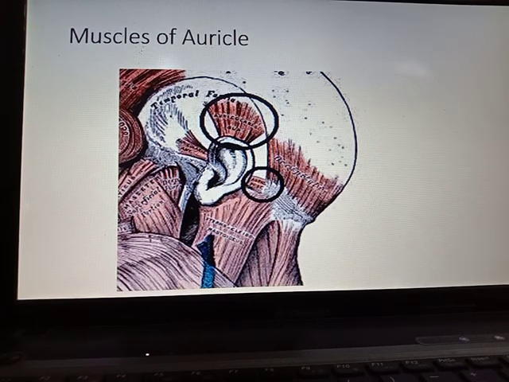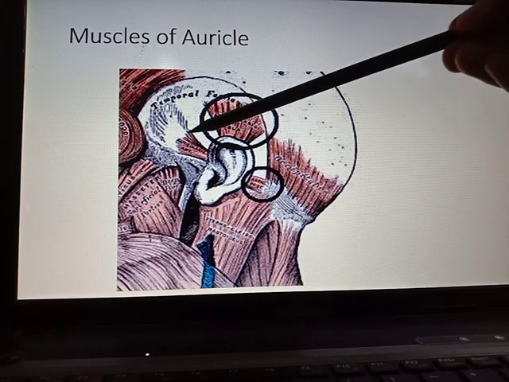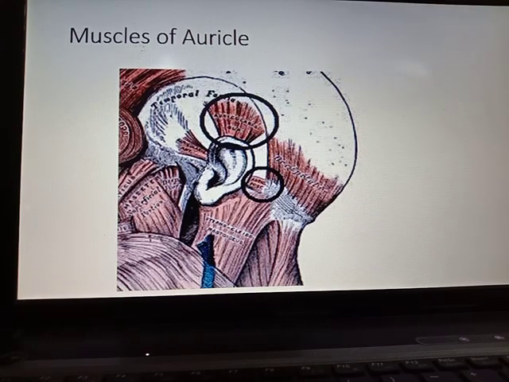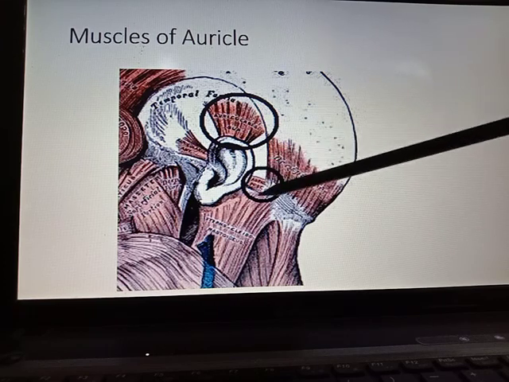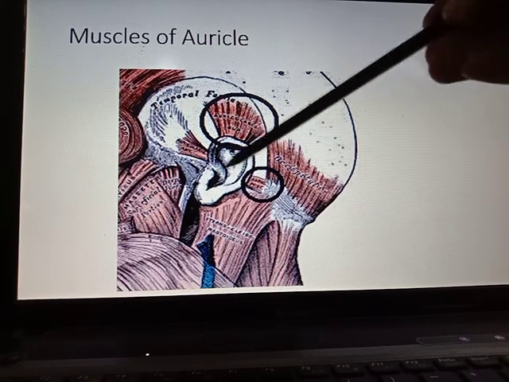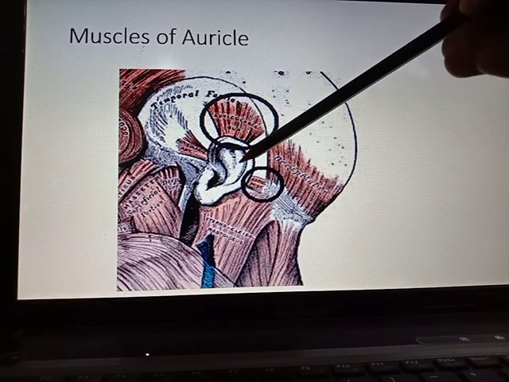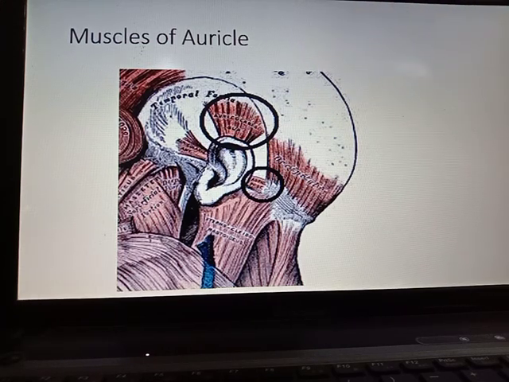Among these, the auricularis anterior and superior arise from the epicranial aponeurosis, but the auricularis posterior arises from the mastoid part of the bone. There are also some intrinsic muscles, which lie inside the cartilaginous part.